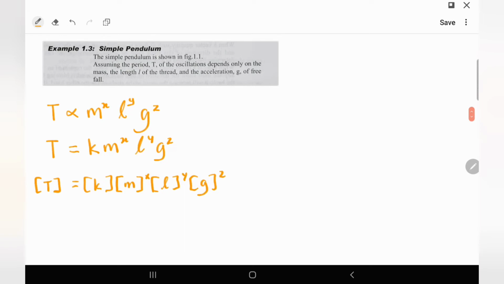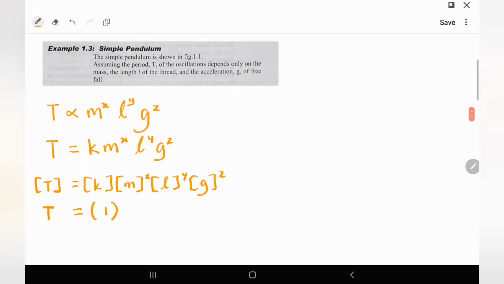Okay, so period is under time. The dimension of time is capital T, equals to K, just a constant. Constant is dimensionless, so we know that the dimension equals 1.